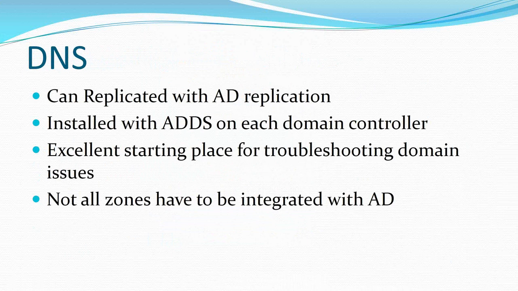So, DNS. As I mentioned at the start, it's crucial for DNS to function for your domain to function properly. Your DNS for your domain will replicate, and you want it as an Active Directory integrated zone, which means it replicates with Active Directory, not as a standard .dns file with your primary, secondary, and stub zones.